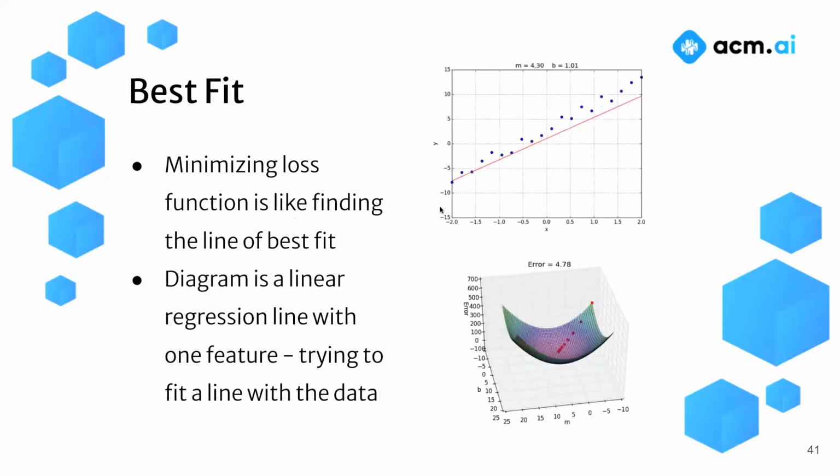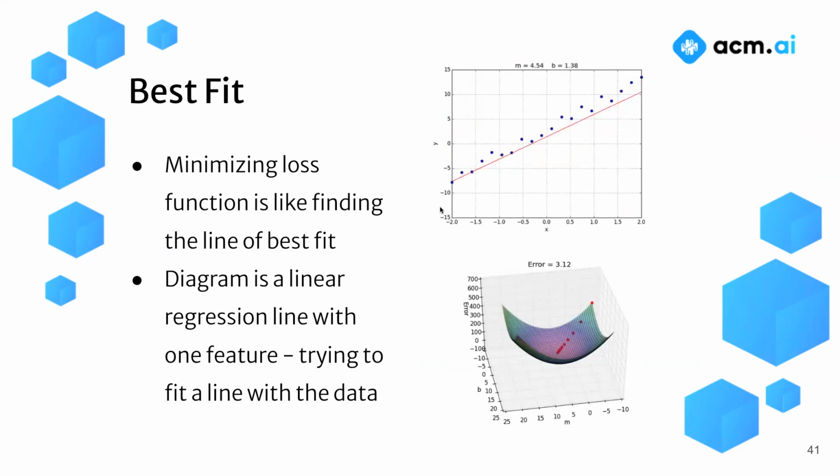Okay, so we were talking about this idea of line of best fit, right? And so minimizing our loss function is like finding the line of best fit. So in our line of best fit in this example, we have X and Y values. X has M in this case, which is a weight, and it has an intercept, which is our bias. So which values will get the least error, right?